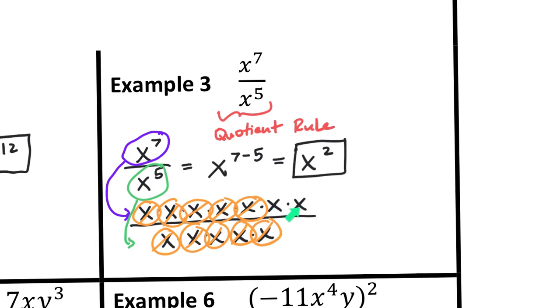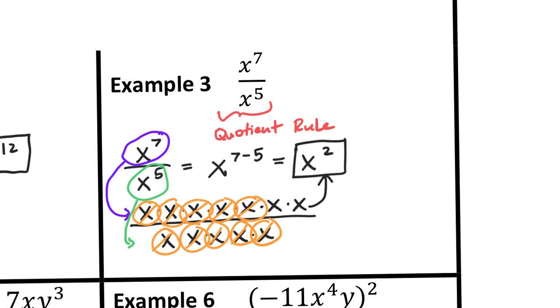But x times x is x squared. So what the quotient rule is doing is it's simplifying this whole process. Instead of writing out all these x's and all these x's down here, it's creating a simple rule to get the same type of answer.